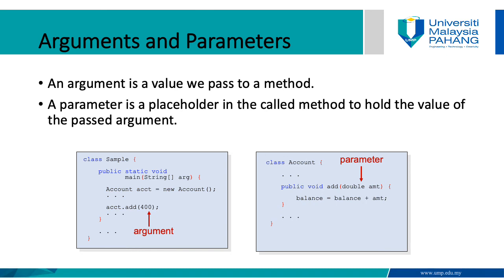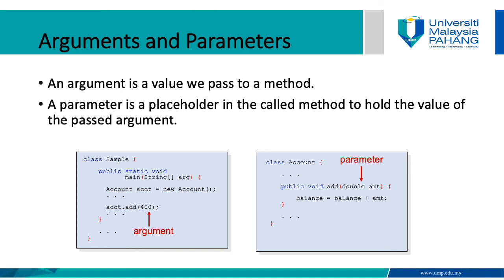Now we are going to understand what is an argument and what is a parameter. An argument is a value that we pass to a method. It's a value. Remember that.